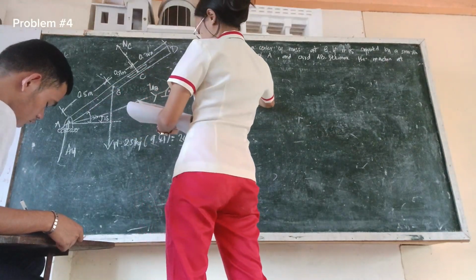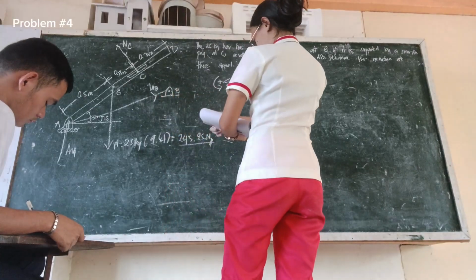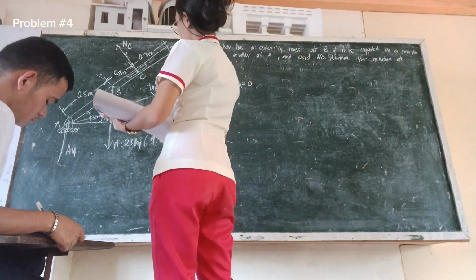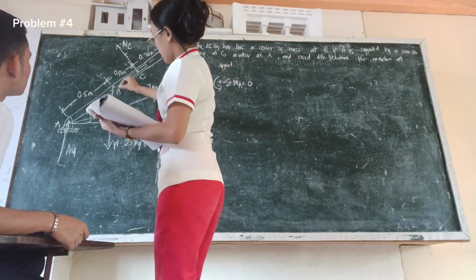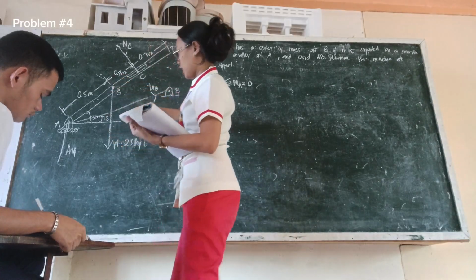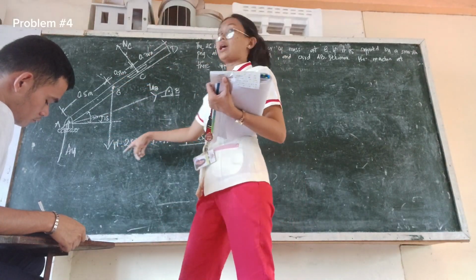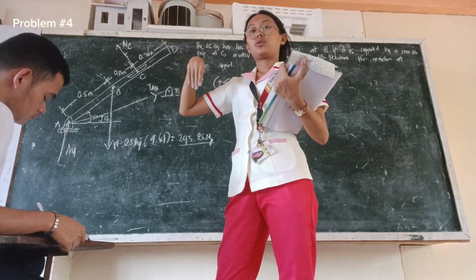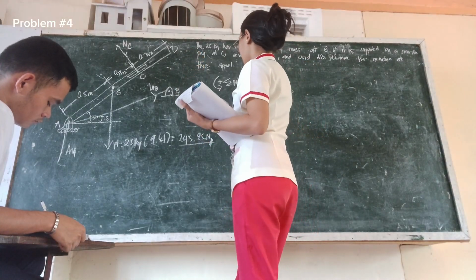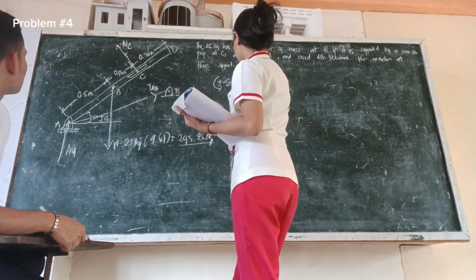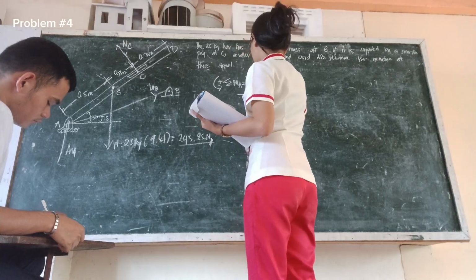So first, we need to identify the reactions here at G. Since the weight is acting downward, it is negative, so negative 245.25.